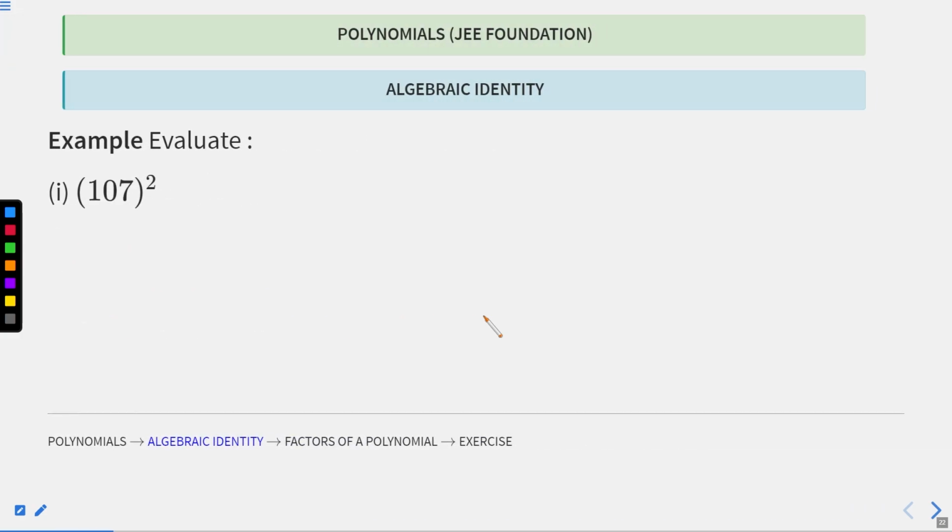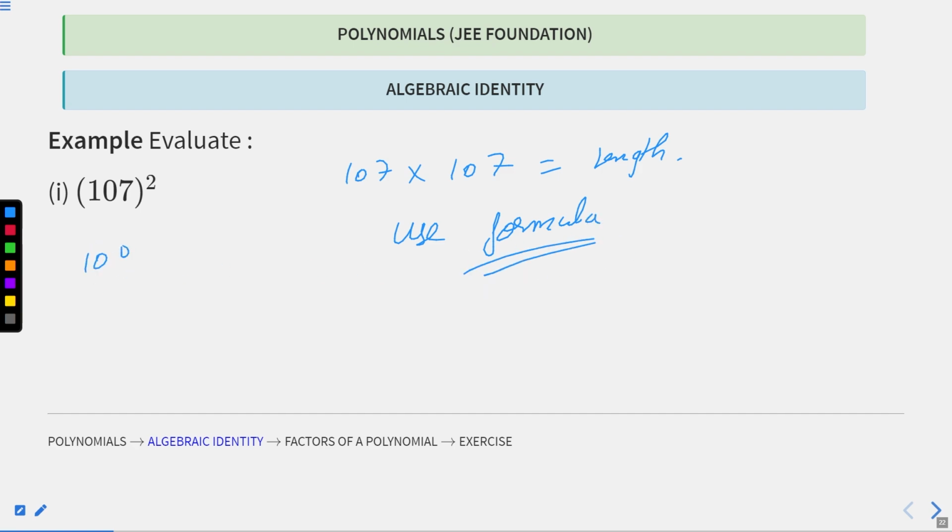In the next question, we have to evaluate 107 square. Don't do the manual multiplication, it is lengthy. Just use the formula we used. How am I going to use the formula? It is quite simple. I can write 107 as 100 plus 7.